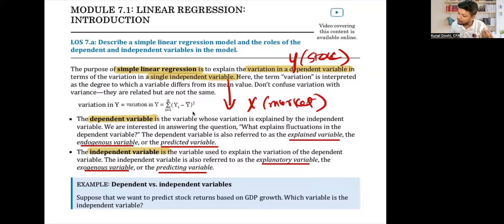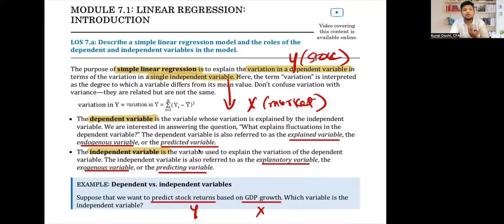For example, they've said, suppose you want to predict the stock returns. My stock is Y based on something, here they've given GDP, that is X. Who's dependent on whom? Stock Y is dependent on X, which is GDP. They are asking which variable is independent. Who's independent here, guys?